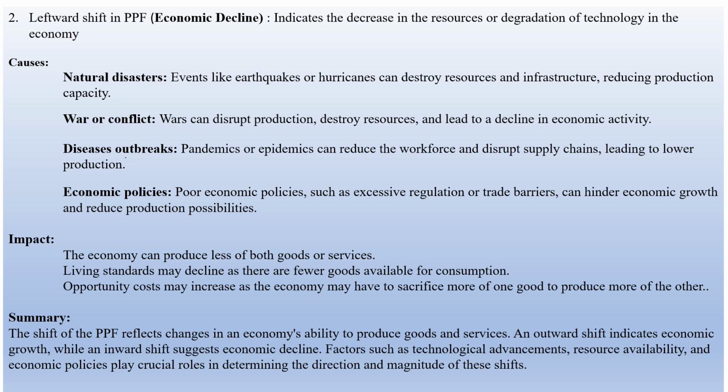The main causes are natural disasters, which reduce the production capacity; war or conflict, which is also a cause for declining economic activity; disease outbreaks, pandemics or epidemics, which can reduce the workforce and also reduce the production; and changes in economic policies. Impact: the economy can produce less of both goods or services.